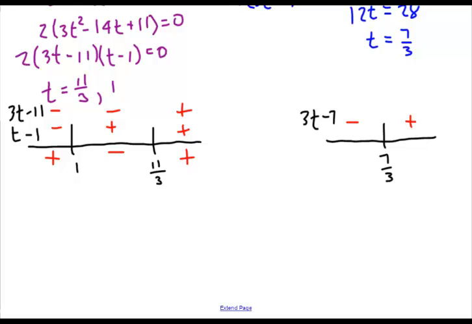Anytime the derivative is negative, you're going to be moving to the left. So our particle moves to the right from 0, because we're talking about time, to 1. And then it also moves to the right from 11/3 to infinity.